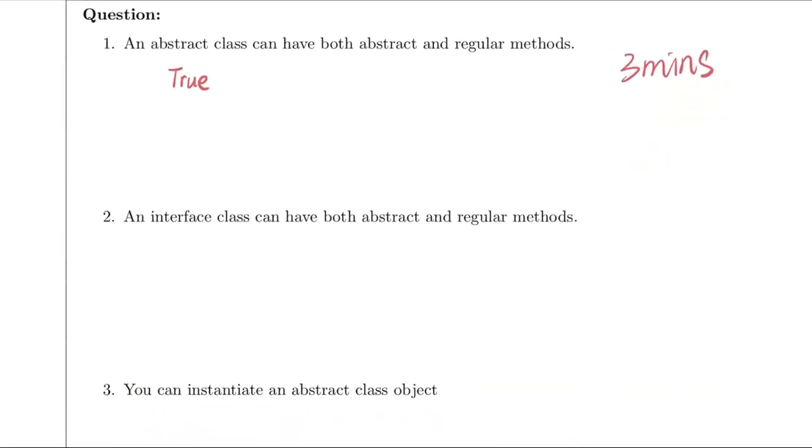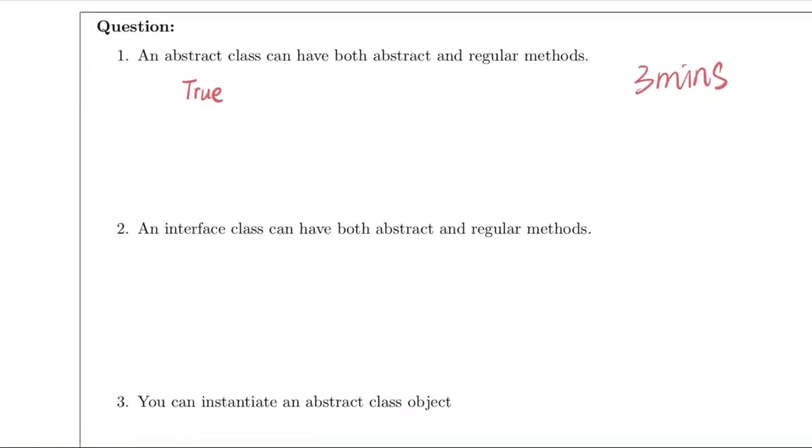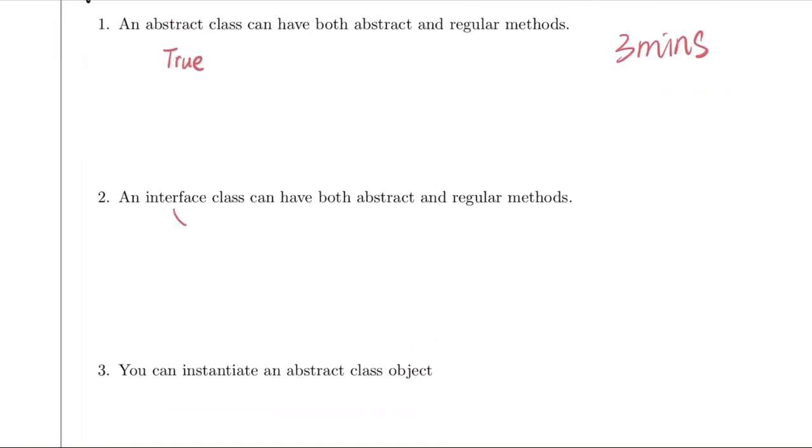The second question is a little bit tricky. The second question is: an interface can have both abstract and regular methods. An interface is a special type of abstract class. An interface can only have abstract methods, but not regular methods.